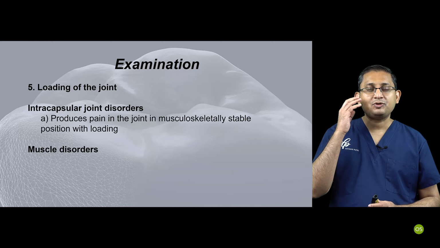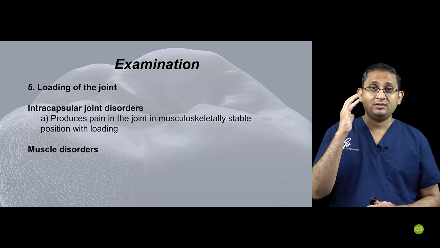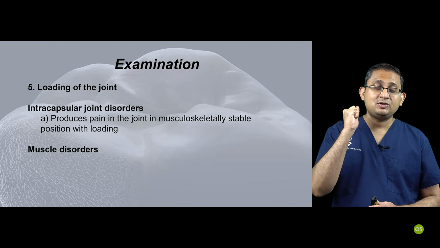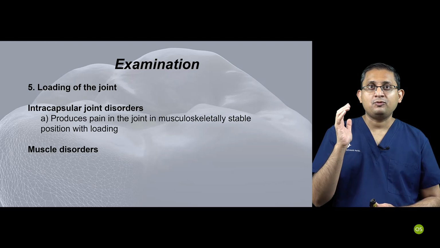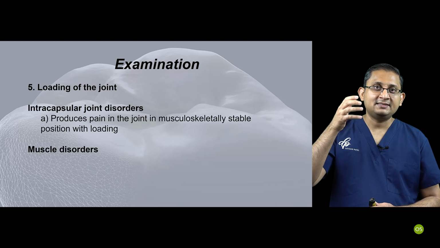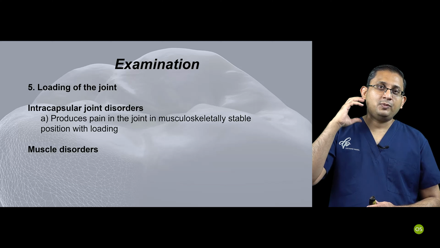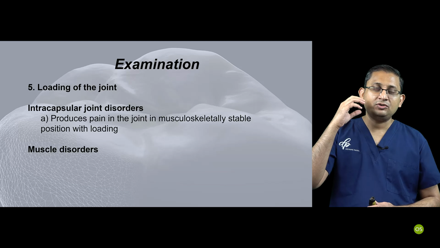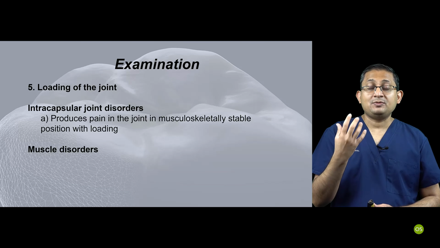Because a capsule doesn't have any innervation, you can apply as much force as possible on the disc with the condyle, and the patient won't feel pain. However, when the disc is displaced and you are pushing on the retrodiscal tissue or somewhere else, the patient may feel pain.